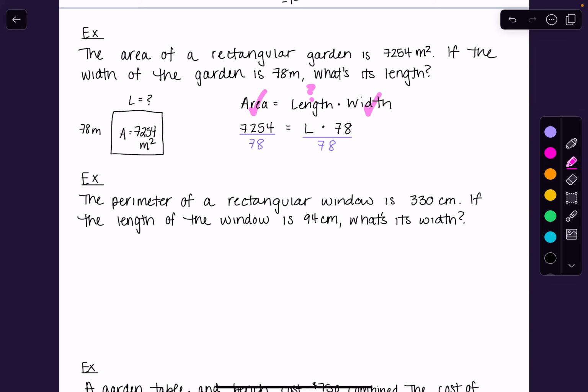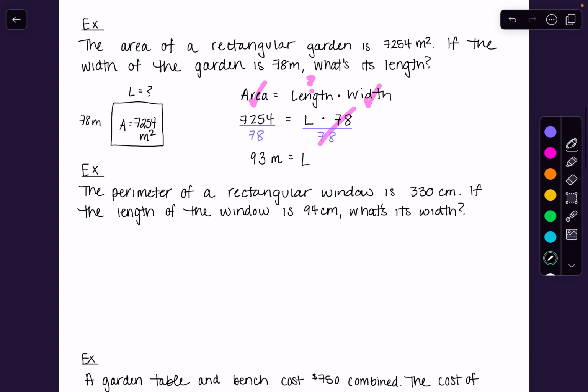And that will make these two disappear. And then if you go through and do 7,254 divided by 78, you're going to see 93 is equal to L. And again, because this is a word problem and this is something that's realistic, we should have the units attached to this. So the length is going to be 93 meters.